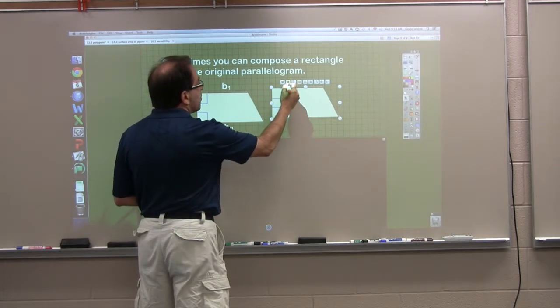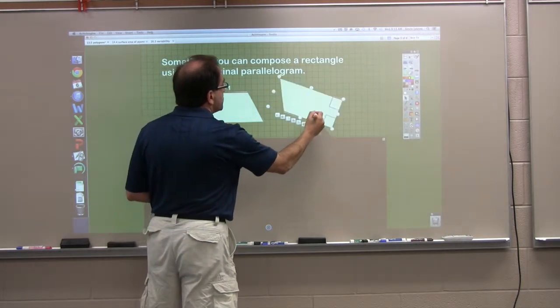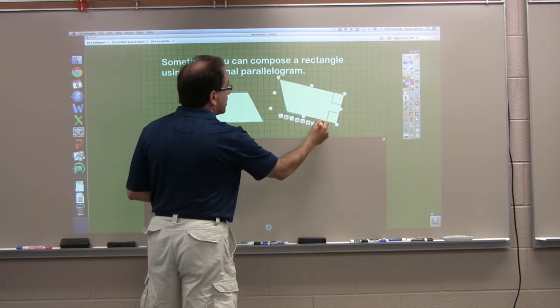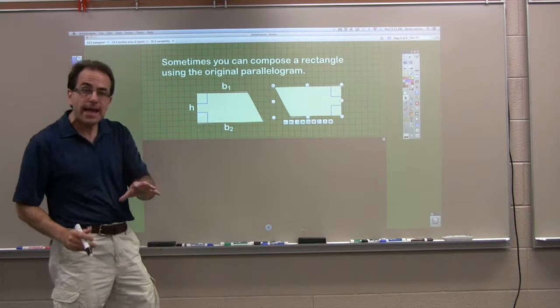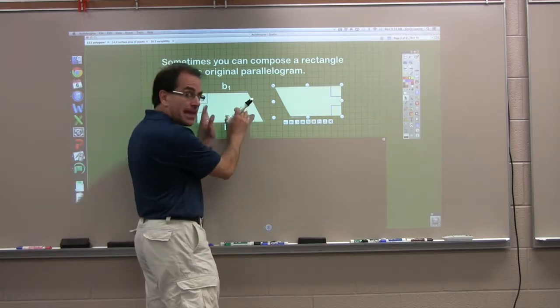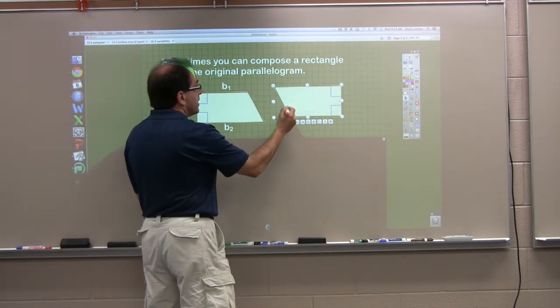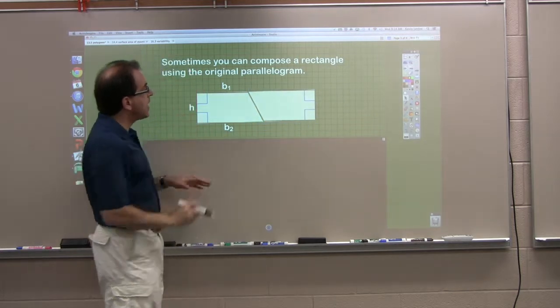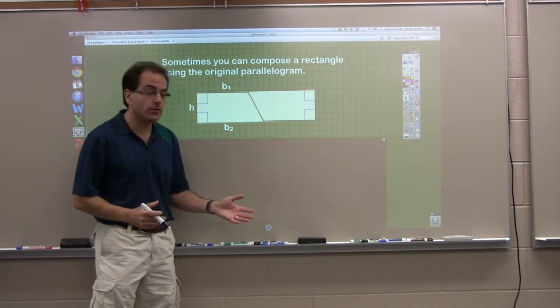Bear with me while I rotate that. My board gets a little temperamental. There. I'm going to take my second trapezoid, which is the same exact size as the first, and fit it to the first. And of course now I've got a rectangle.